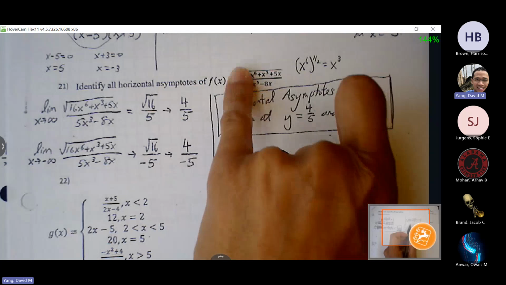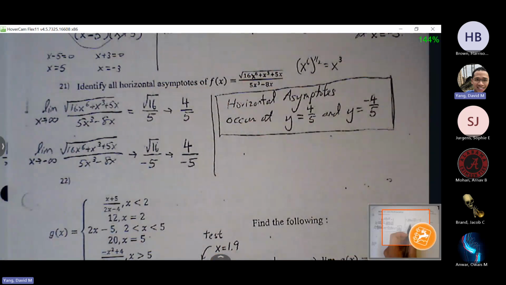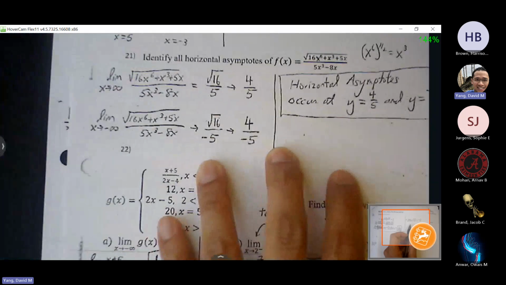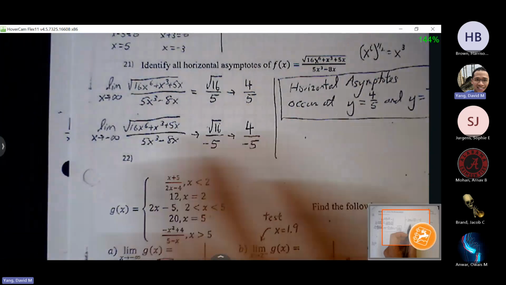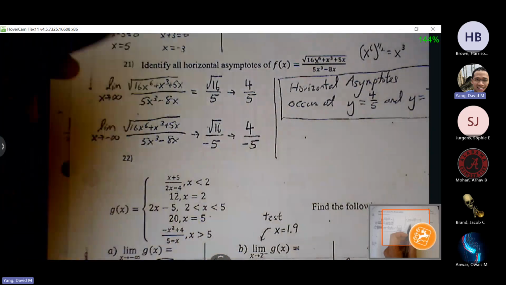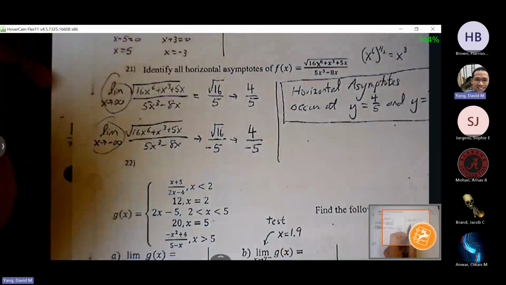After we clean up that numerator, it does end up being the same degree. If it's the same degree, the asymptotes do exist, and it's going to be the ratio of the coefficients. However, we see radicals in play here, so there may be split asymptotes.